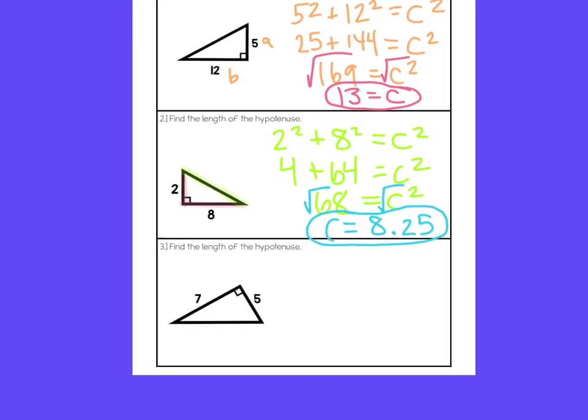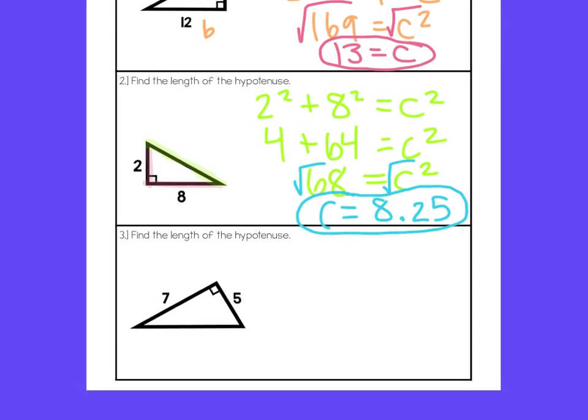All right, last one. Again, look here, we have 1 leg, 2 legs. This is the hypotenuse because it's across from the right angle. So we need to find the hypotenuse. So 5 squared plus 7 squared equals c squared.